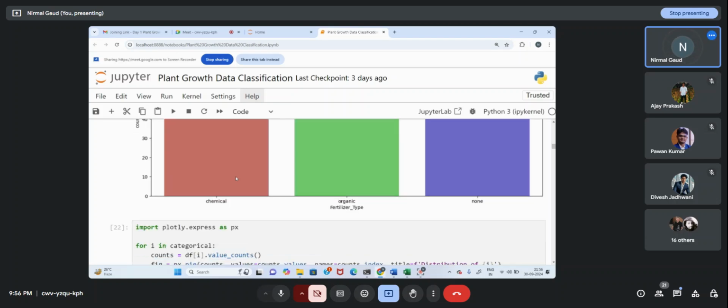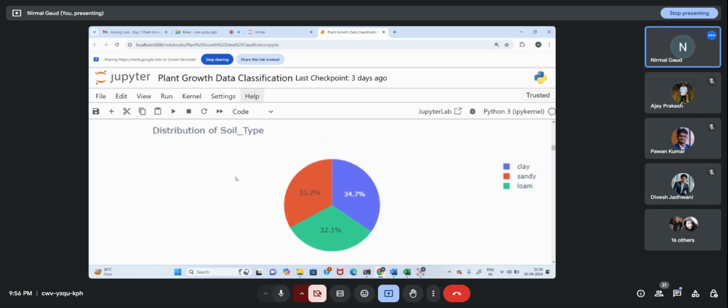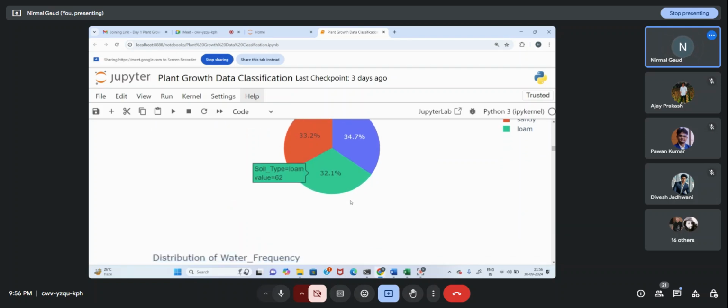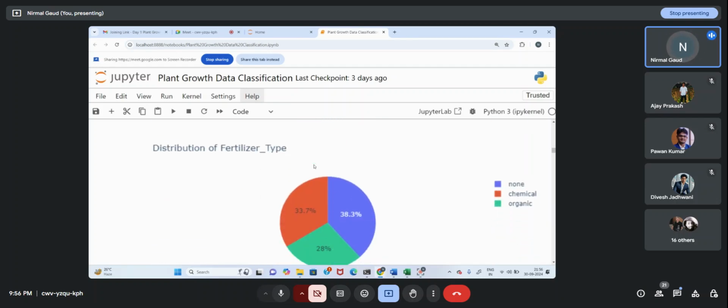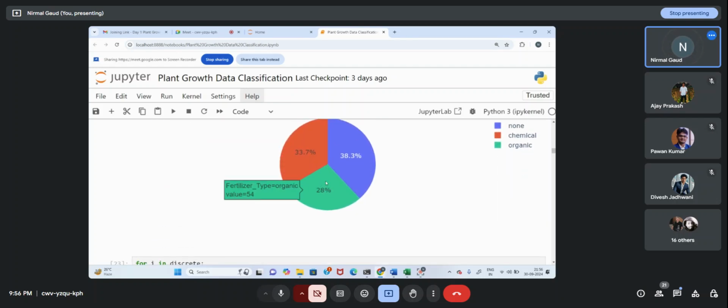Count plot, and this is the pie plot for them. The distribution, how much they are giving. So the distribution for all the data mentioned here is in good proportion.